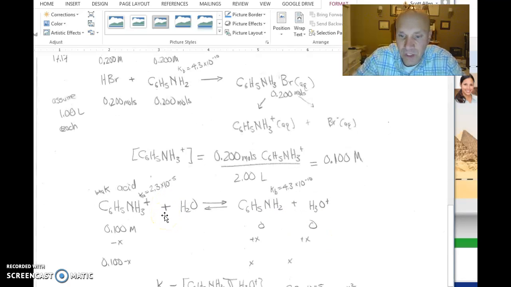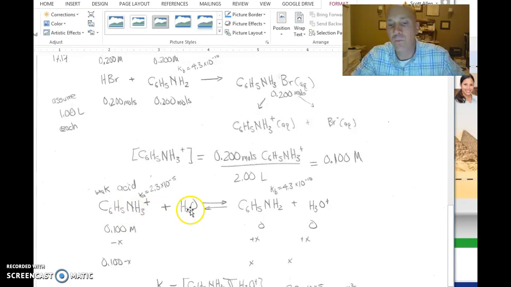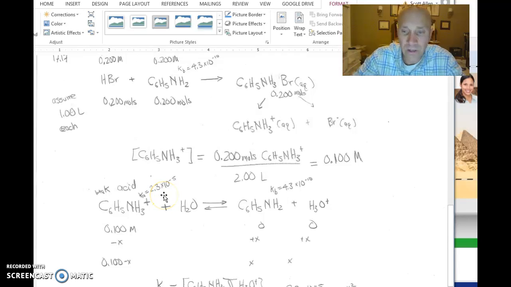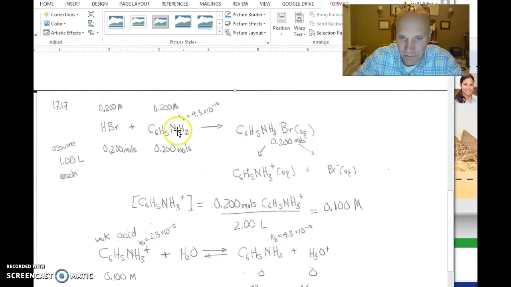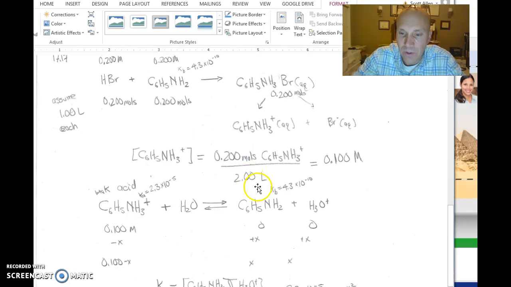So some useful information that we need. Since we're doing an acid reaction, we need to know a Ka. If you look in the appendix of the textbook that you're using, you'll find that it gives a Kb of this material right here, which is the same as the aniline. Again, aniline is nothing but the conjugate base of this right here.